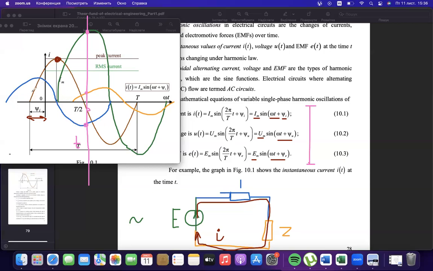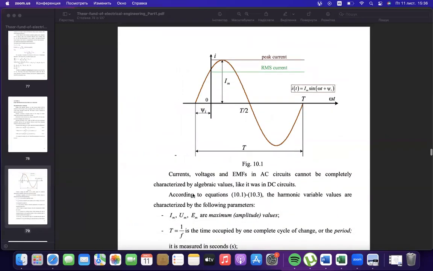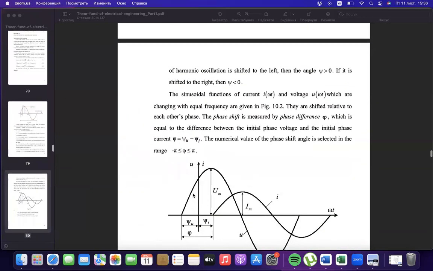How to find these sinusoids, when all of them will have different angles and different amplitudes, and only the frequency will be the same, because we transport electricity at some frequency, but all other values will be different. Then, for this purpose, a method was made to simplify this calculation.